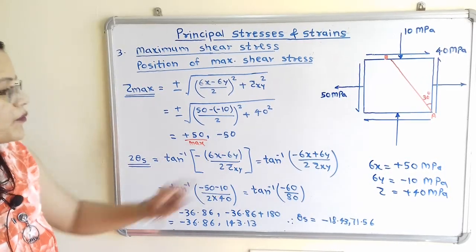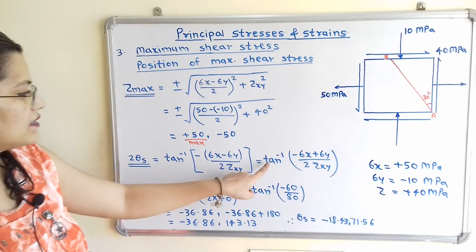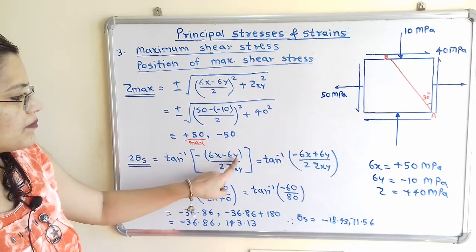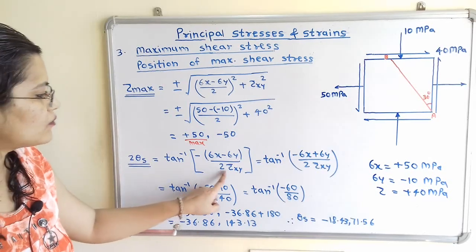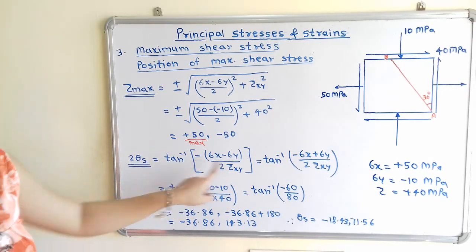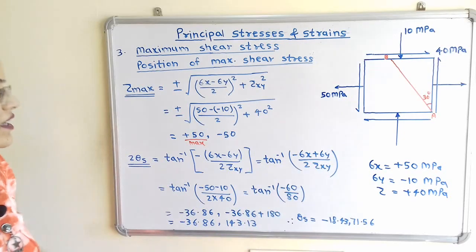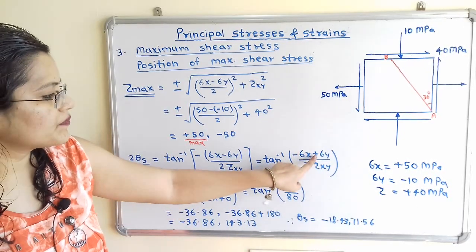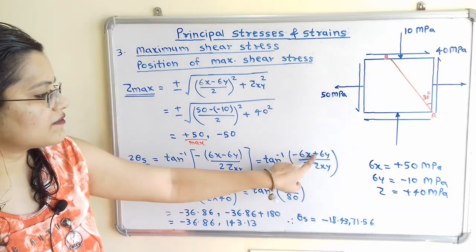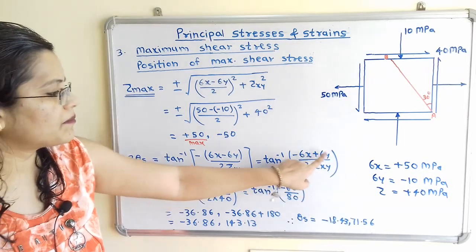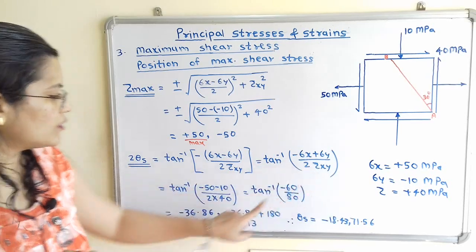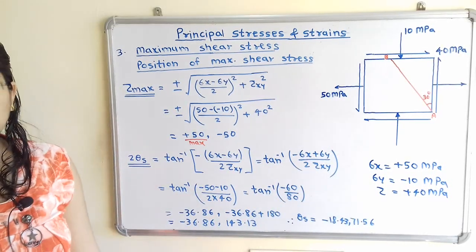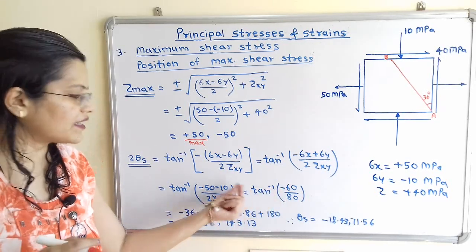When we put the values, we will get tan inverse of minus (sigma x plus sigma y) divided by 2 tau xy, multiplying this minus sign inside the bracket. Now we will put the value: tan inverse of minus 50 minus 10 divided by 2 into 40. So we will get minus 60 divided by 80.